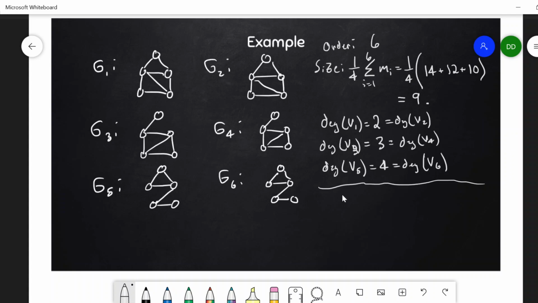Like if I had a vertex of degree 5, for instance, I might start there. Actually, maybe I'll start here, with the degree of V5 being 4 and the degree of V6 being 4. Because if the order is 6, the highest degree is 5.